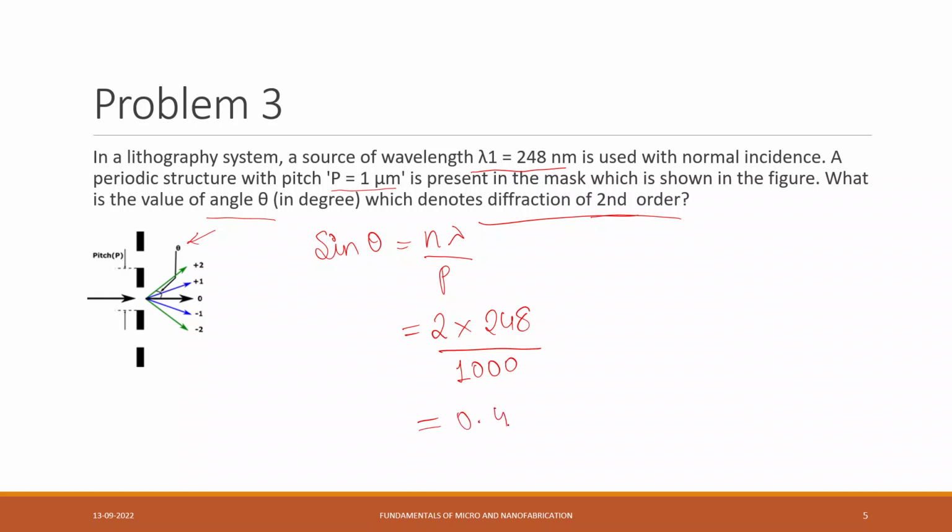This comes to 496, so theta equal to sine inverse 0.496, which is 29.7. Yeah, perfect. So we'll go to the next one.